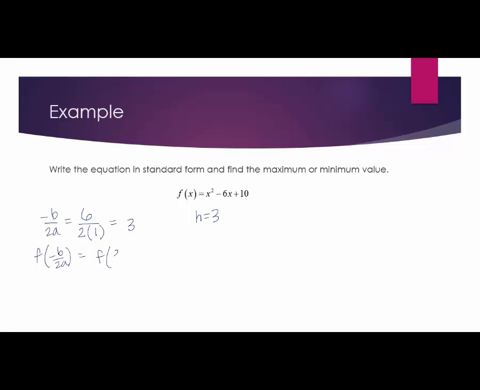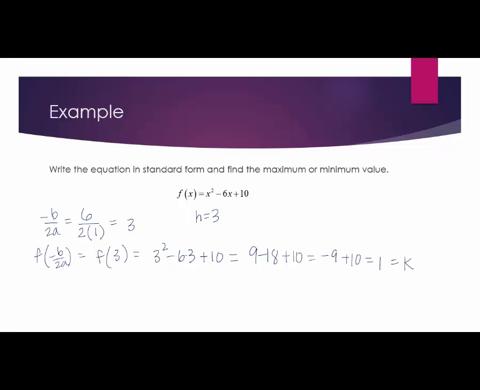In this case, this is f of 3. So this is 3 squared minus 6 times 3 plus 10. I could also use that big expression with b squared over 4a, all that stuff, plus c, but this is just a little bit easier and we'll find it in the same way. This is 9 minus 18 plus 10. Negative 9 plus 10 is 1. So this is my k value of my vertex.